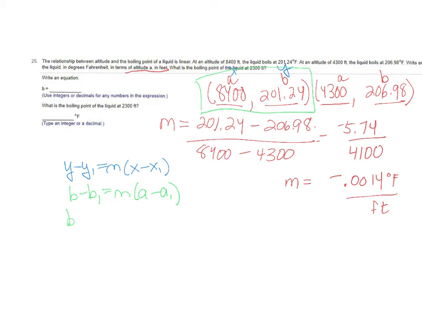I'm going to have b minus 201.24 is equal to our slope times a minus, and so I'm going to have to do the distributive property, because I can see up here that it's b equals. It wants us to put this into slope-intercept form. So I'm going to distribute here and distribute here.